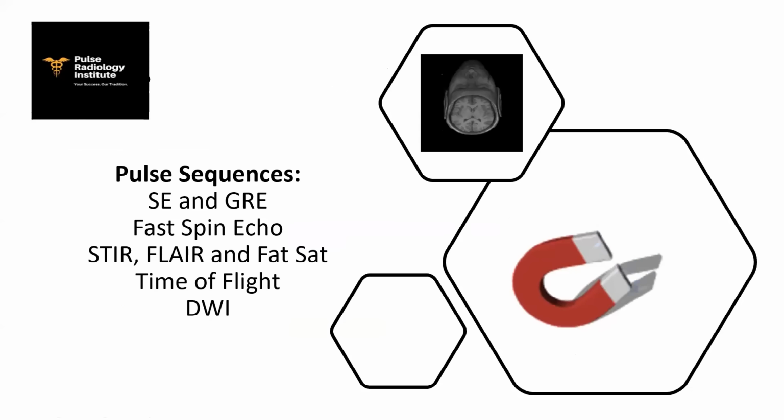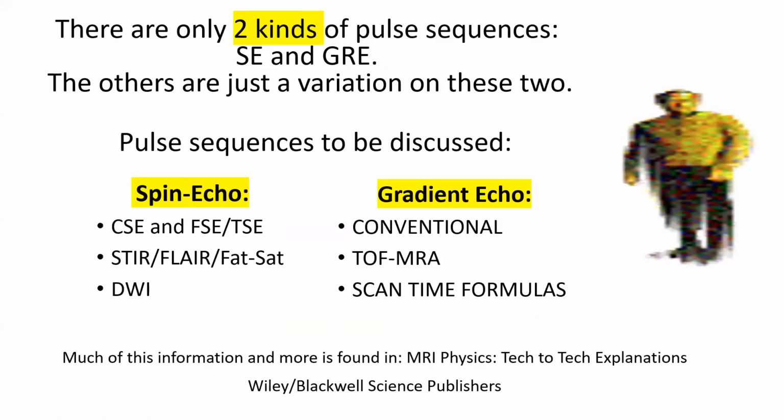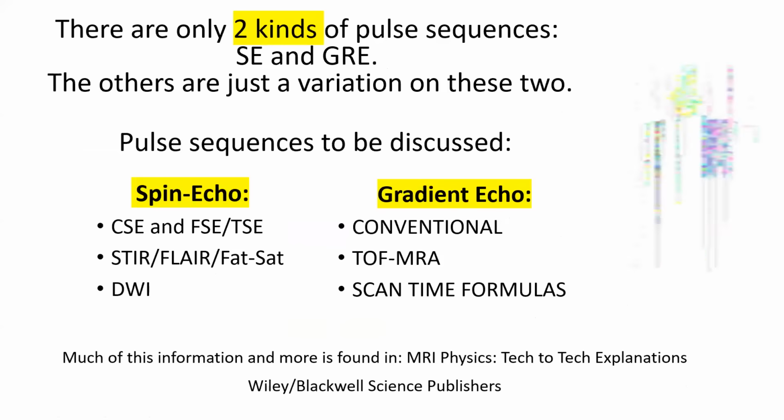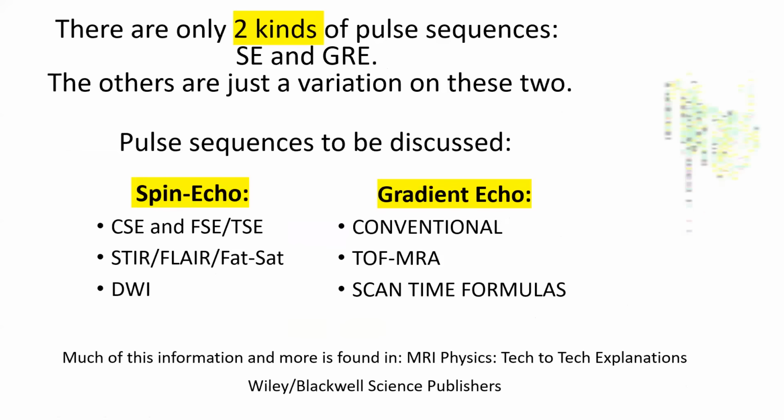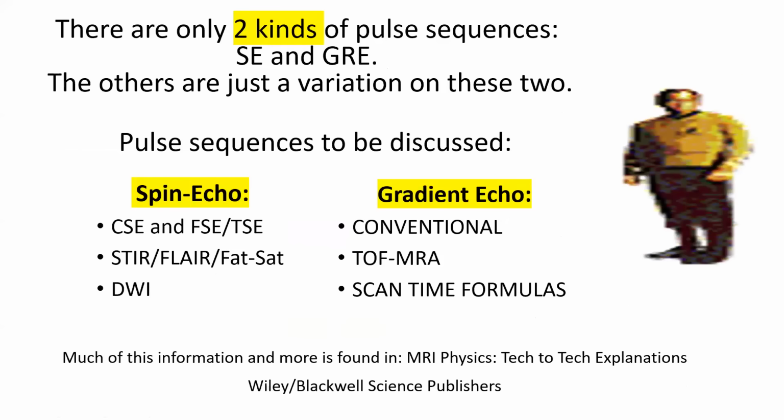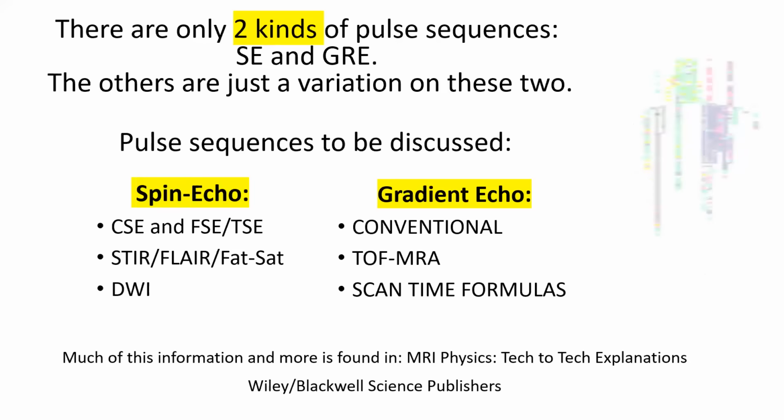So first question is, how many kinds of pulse sequences are there? Well, if you guys start saying, oh, there's STIR, there's FLAIR, there's T2, there's FAT-SAT, there's all this other kind of stuff. Well, no. There's only 2 real kinds of pulse sequences. They're either spin echo based or gradient echo based. Everything else is just a variation on one of those 2.